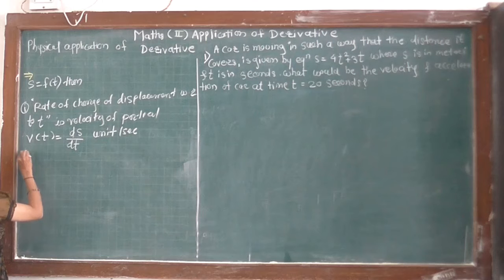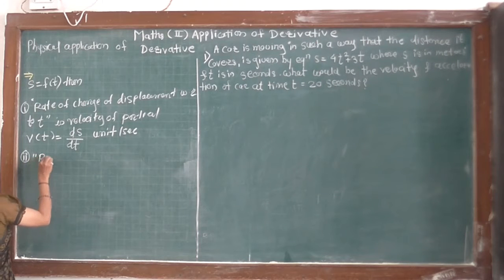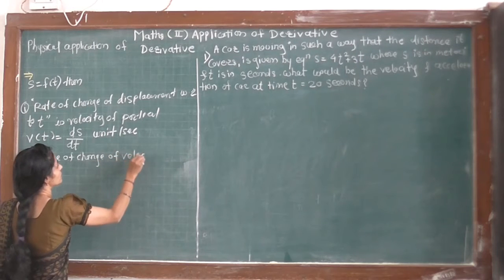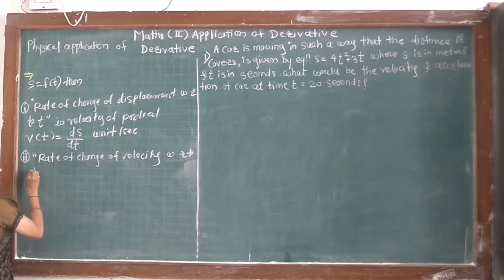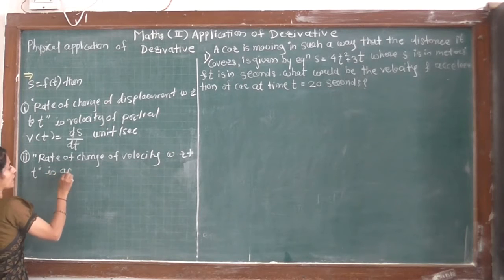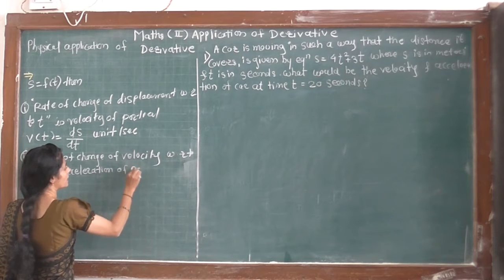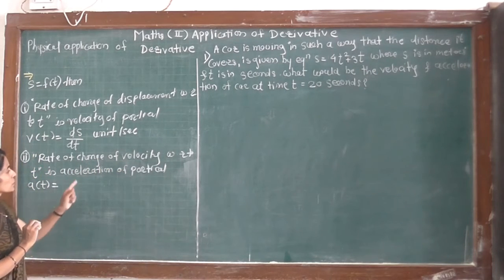Now let us study the acceleration. The rate of change of velocity with respect to t is the acceleration of that particle at time t, which is denoted by a of t, and this is the rate of change of velocity.